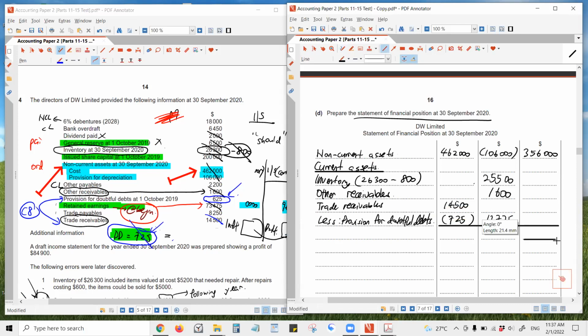Then you show the amount of total assets. $40,875 is total current asset. Add it up together with the total NCA. You will get 396,875.